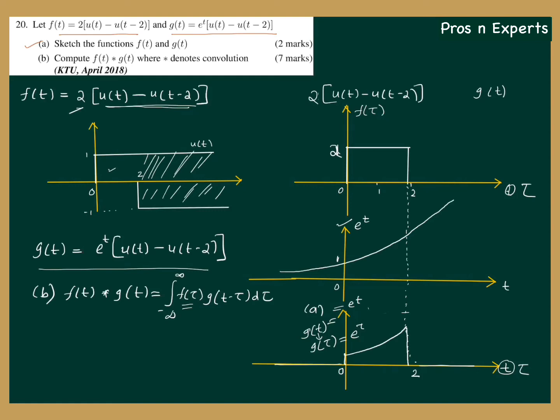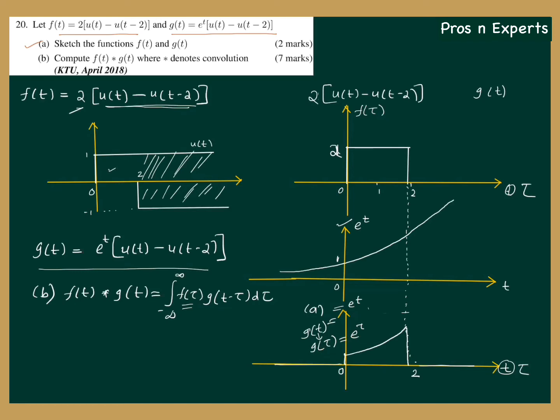Now according to the equation we have to take g of t minus tau. So g of tau is this e raised to tau. So what is g of t minus tau? It becomes e raised to t minus tau. Let me tell you why we should take g of tau as e raised to tau.